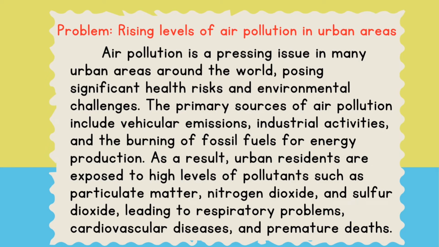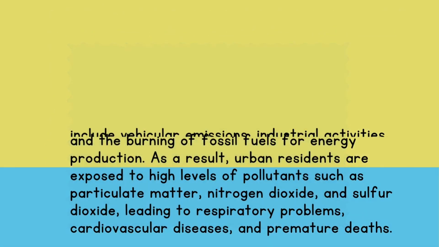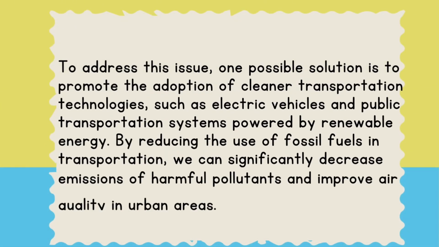The primary sources of air pollution include vehicular emissions, industrial activities, and the burning of fossil fuels for energy production. As a result, urban residents are exposed to high levels of pollutants such as particulate matter, nitrogen dioxide, and sulfur dioxide, leading to respiratory problems, cardiovascular diseases, and premature deaths.